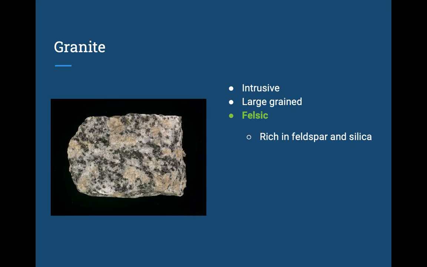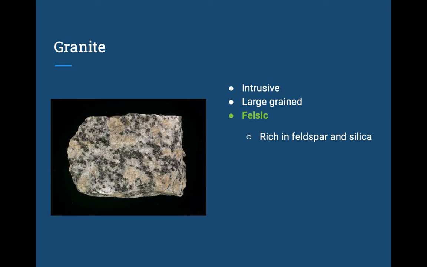We can tell that because of the large grain sizes. And this term felsic right here means it's rich in feldspar, so there's the fel, and then silica, right? I don't know how much we'll dwell on the importance of these distinctions, but felsic means rich in feldspar, rich in silica. It typically also means it's lighter in color.